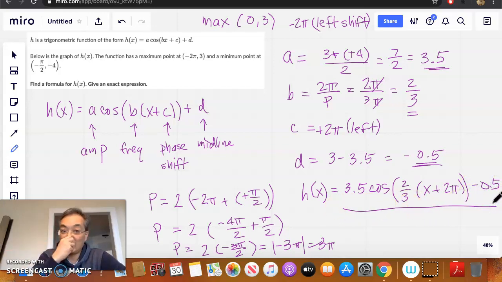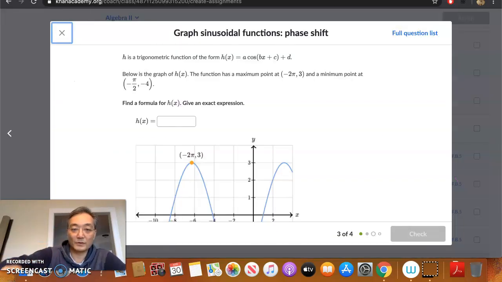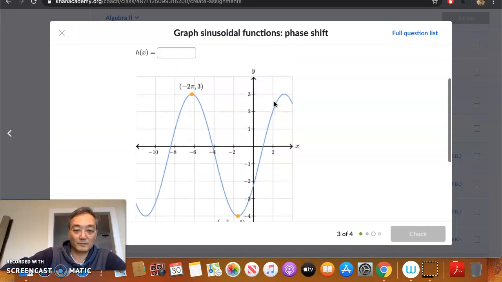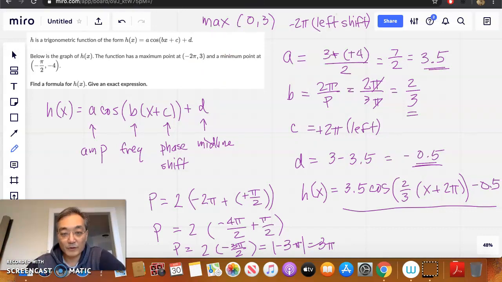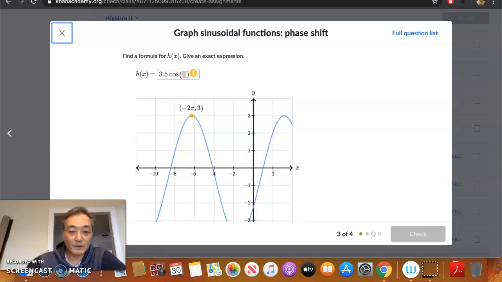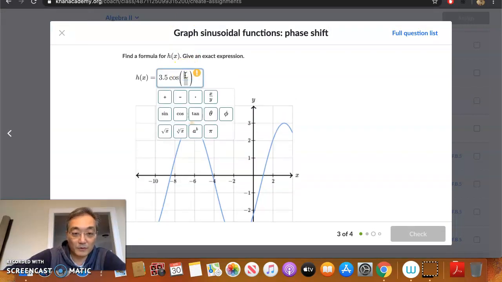So let's type that in and just check. It's a lot of typing, right? 3.5 cosine. Open up a set of parentheses. And then we're going to have 2/3. Then we're going to open up another set of parentheses for variable x.